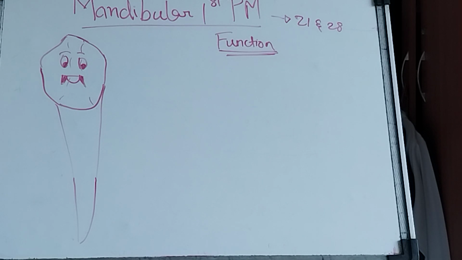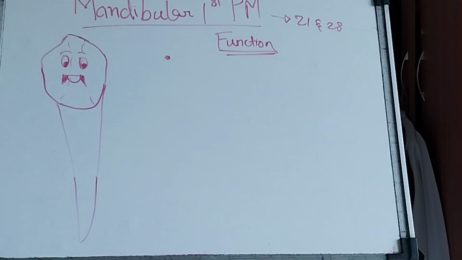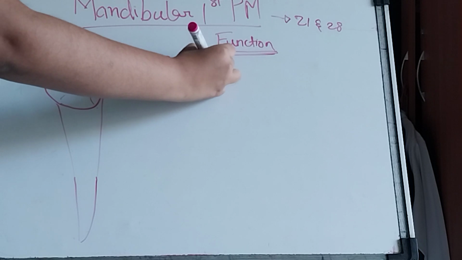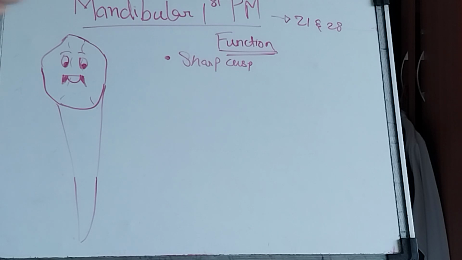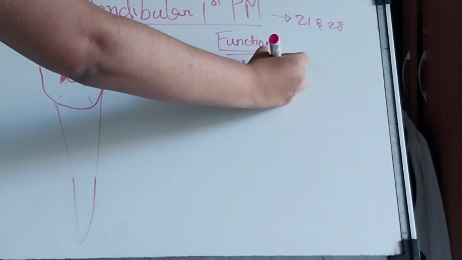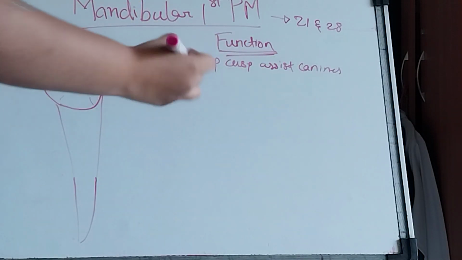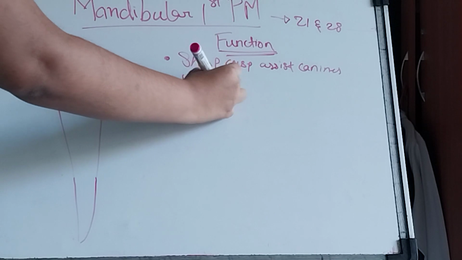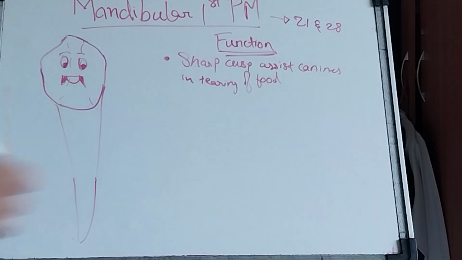The functions of the first premolars, whether maxillary or mandibular, are, first, since they have sharp cusps, they assist the canines in their function, that is, tearing of food.